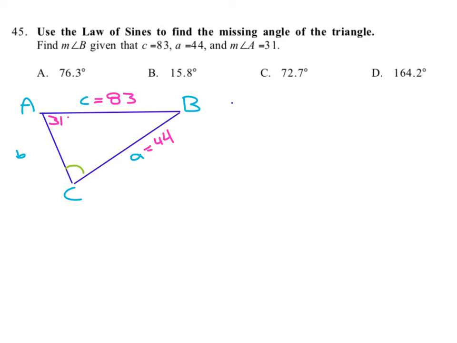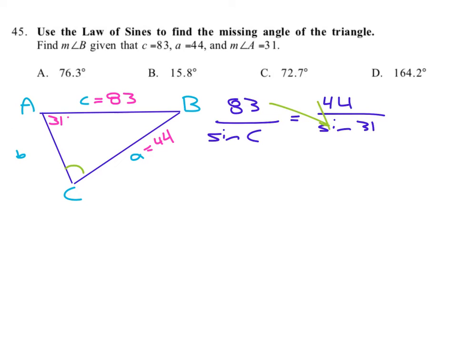Okay, so what do we do? Let's see. We say 83 over the sine of C equals 44 over the sine of 31. And then multiply the two diagonals that we do know, that times that, and divide it by the other one that we have, 44, picnic table style.